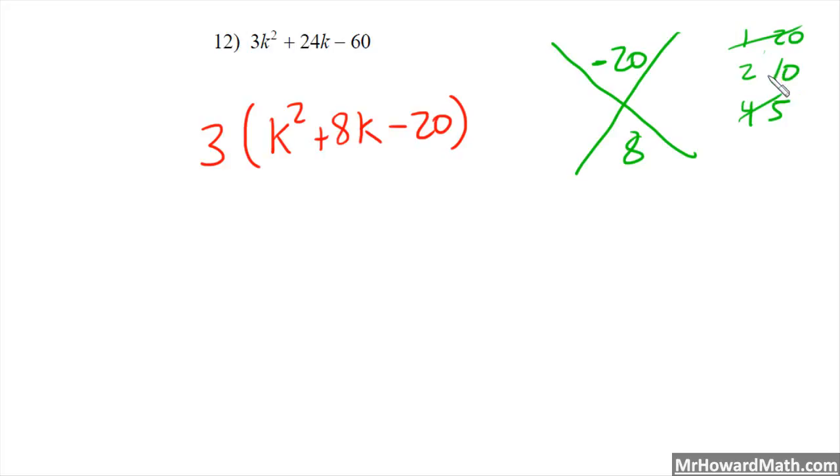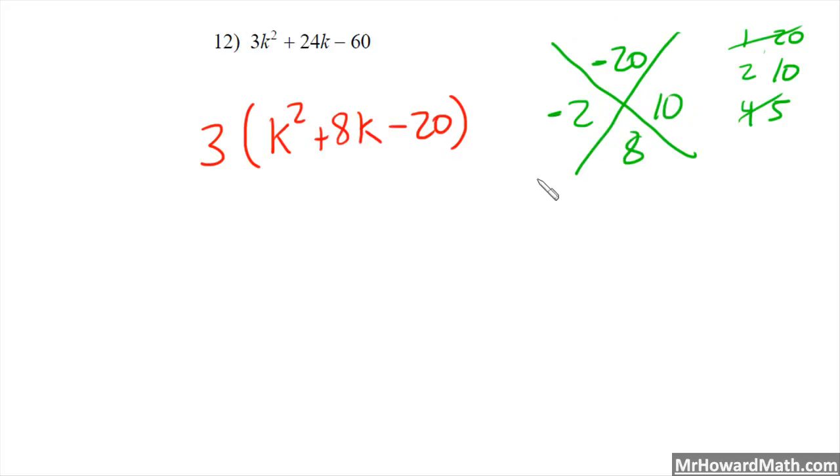This one is it, because 2 and 10 will give me an 8 if I combine the signs correctly. So I'm going to put 2 here and 10 here. Remember, I could put 10 here and 2 here. It doesn't matter. Now apply your signs. So I want to multiply to a negative 20, so one of these has to be positive, one has to be negative. In this case, it's going to have to be this one.